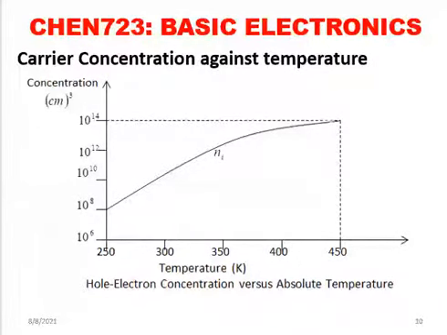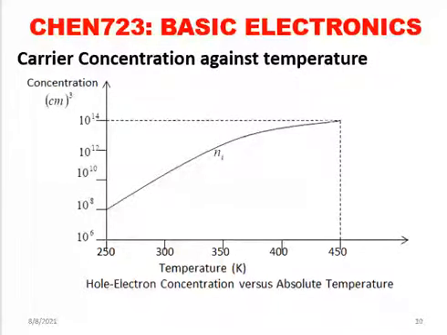Now, this is a graphical representation of what we have just said. On the vertical axis, I have the number of molecules broken per cm cube, and on the horizontal axis, I have temperature in Kelvin. What it is saying is, whenever your temperature is around 250 degrees Kelvin, only around 10 raised to the power 8 molecules will break out of 1 mole, which is approximately 10 raised to the power 23.